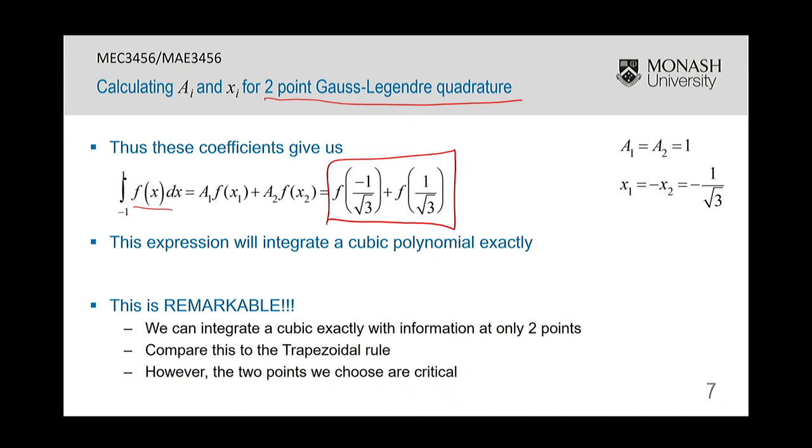That's remarkable. We can integrate a cubic polynomial exactly with information from only 2 points. Compare this to the trapezoidal rule. The key thing here, however, is that the 2 points we choose are critical, and they have to be plus and minus 1 on root 3. Any other points will actually get a result that's wrong.